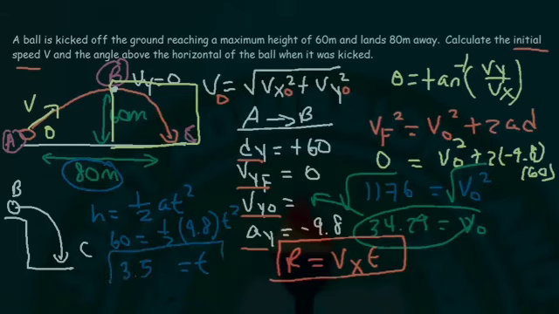So that's the time it takes to go from B to C. So now if we want to calculate Vx, it's simply the range, which is 80, that equals Vx times t, and then plug in t, which is 3.5. So Vx is equal to 80 divided by 3.5, and that's like 22.86 meters per second.